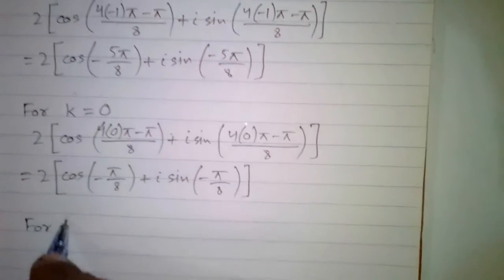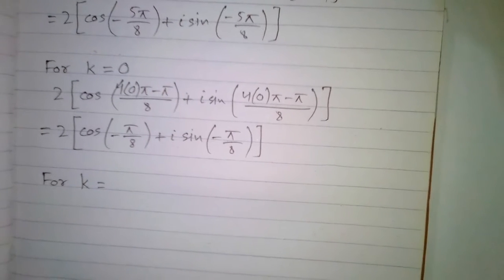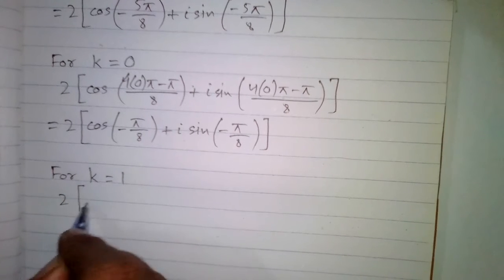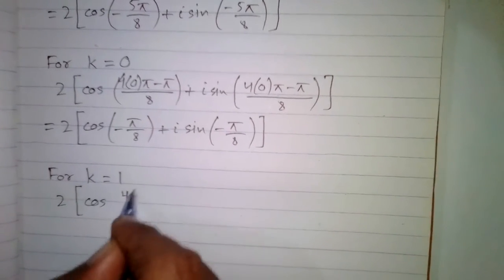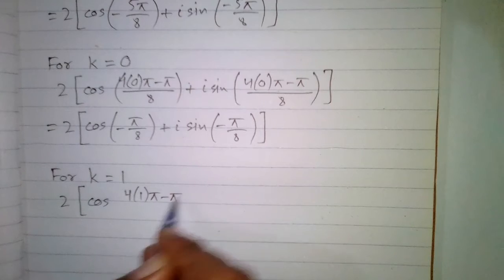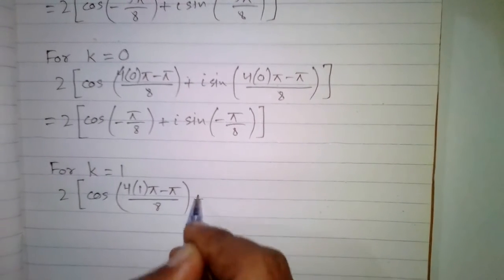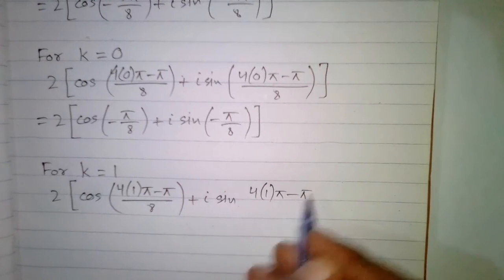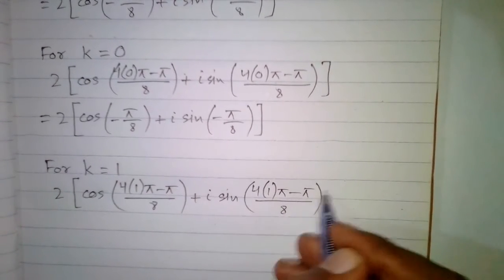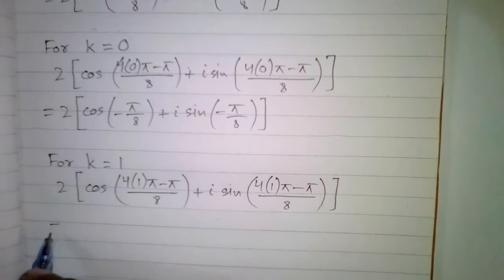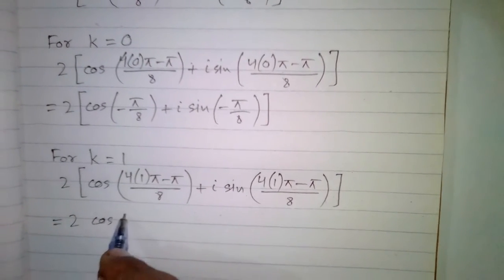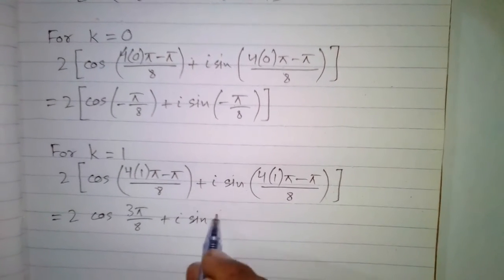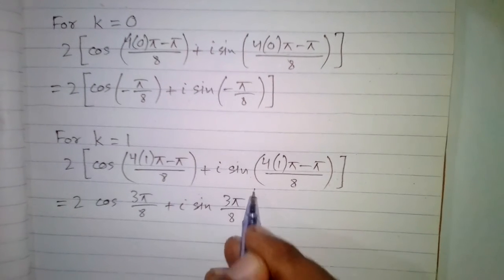Now the third root will be obtained by putting the value of k is equal to 1. So we have twice of cosine of 4 times 1 times pi minus pi by 8 plus iota sine of 4 times 1 times pi minus pi by 8, and this will be equal to twice of cosine of 3 pi by 8 plus iota sine of 3 pi by 8.